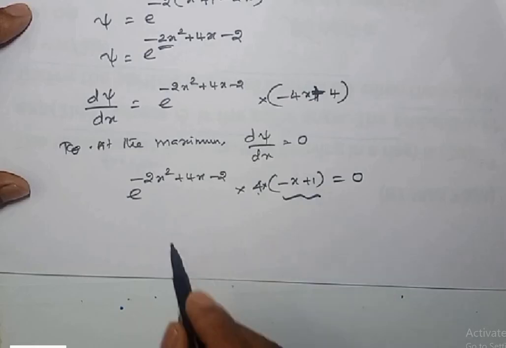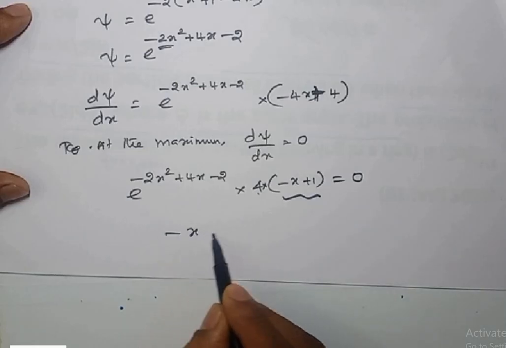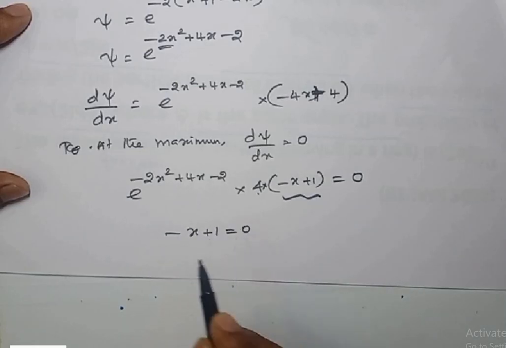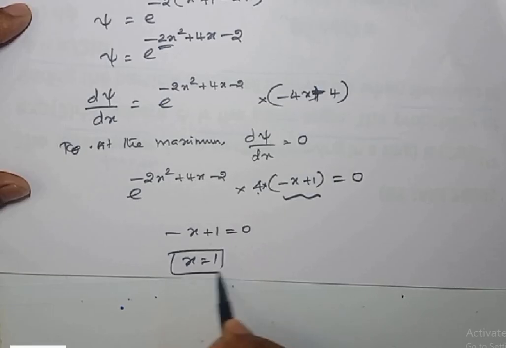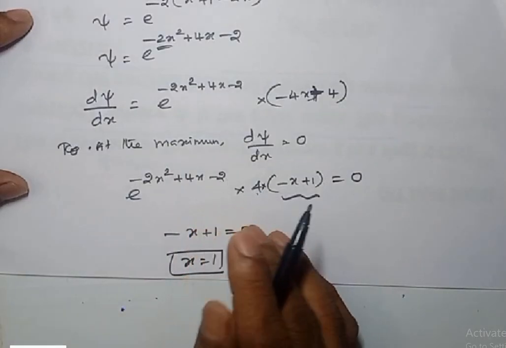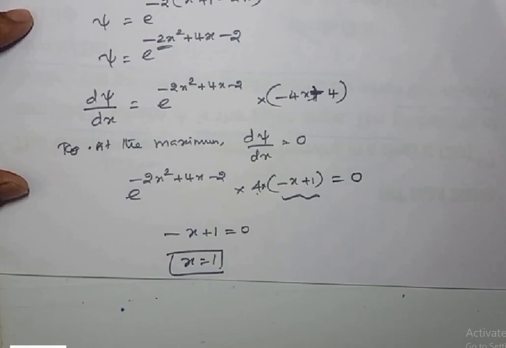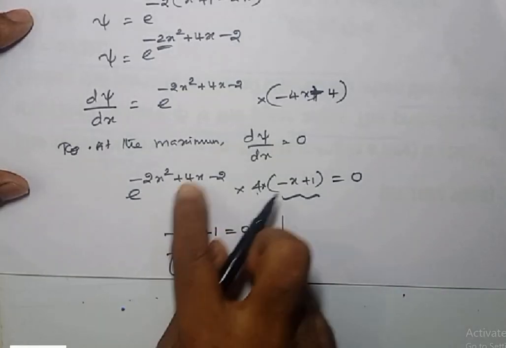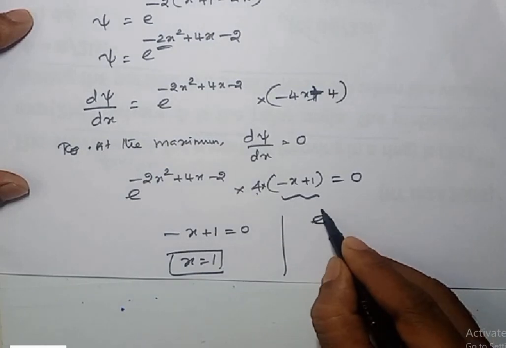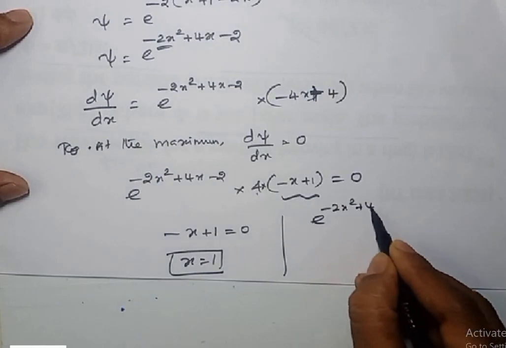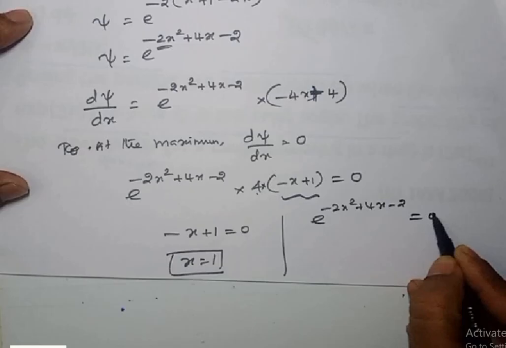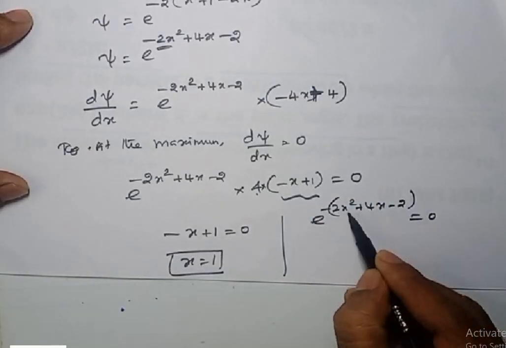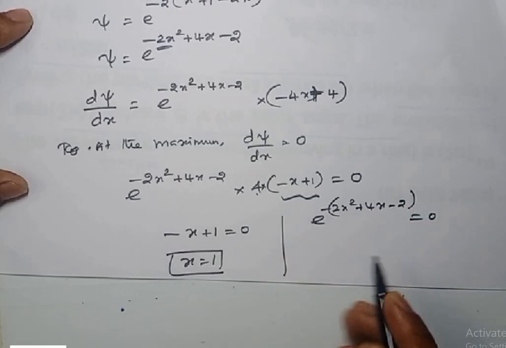So for this function to be 0, either this should be 0 or this should be 0. First I will make this 0. So I will make minus x plus 1 equal to 0, or x is equal to 1. So at x is equal to 1, yes, the function will give you maximum. What is the other chance? The other chance is this quantity can be 0, but you know very well, for this to be 0, x should be plus infinity or minus infinity.